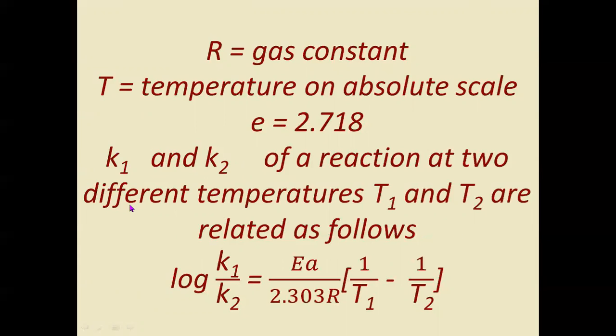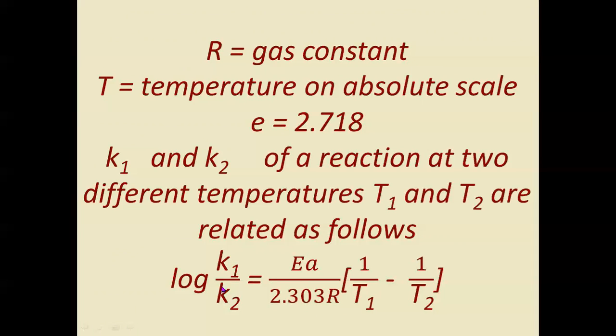And these two are related like this by an equation which gives you log K1 by K2 is equal to EA by 2.303 R into 1 by T1 minus 1 by T2.